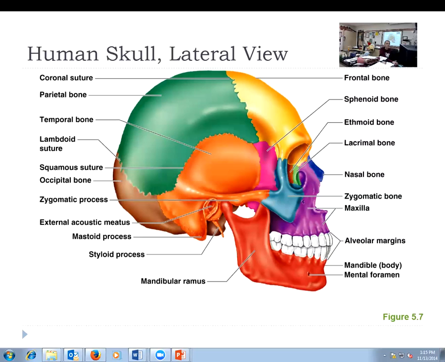If you learn those from outside in, you'll be able to picture what direction those go in. The maxilla is pretty easy because that's your upper jawbone, but it actually goes up to your nose too, so make sure that you don't forget that one. But whenever you're looking at them, just remember that order: nasal bone, maxilla, lacrimal, ethmoid, sphenoid.